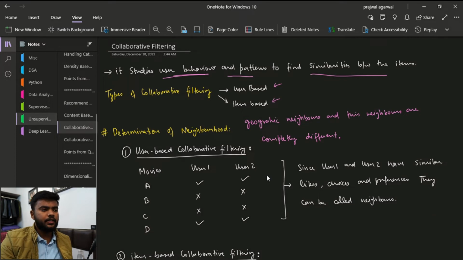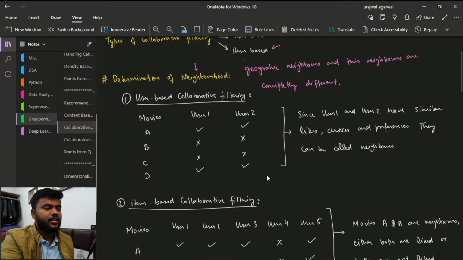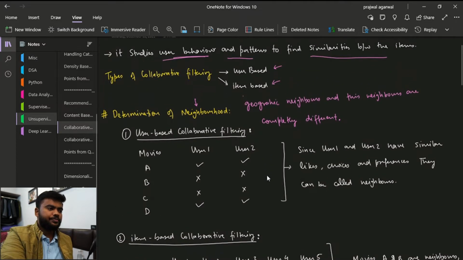Now before we proceed any further with collaborative filtering, the first thing that we need to talk about is neighbors. How do we determine neighbors in collaborative filtering? Now these neighbors are definitely different than the geographical neighbors you might be having. First let's talk about user based neighbors.